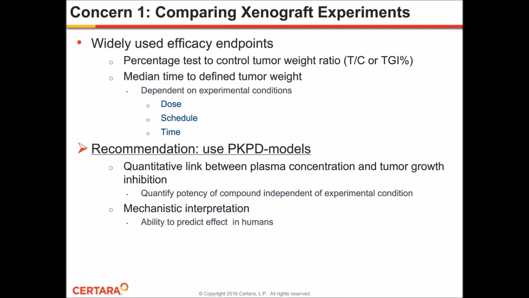And this is really independent of the experimental condition. And also, if you use a mechanistic, or like we do in our software demo, a semi-mechanistic model instead of an empirical one, you can derive parameters that help you explain the biology. And another benefit of using PK/PD models is later on the ability to predict effects in humans.